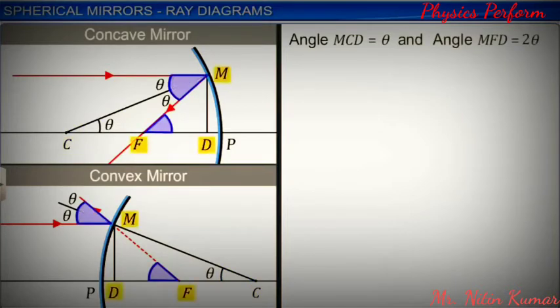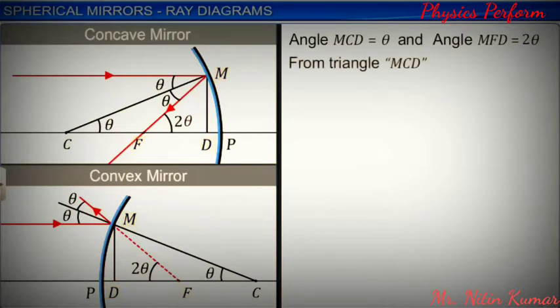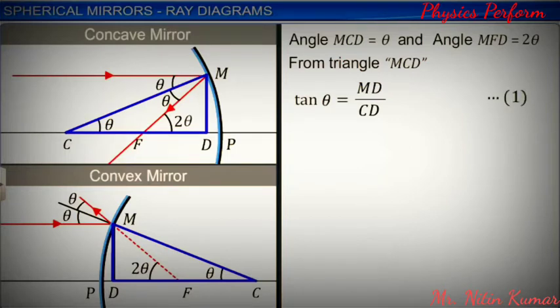From the triangle MCD, tan theta is equal to MD by CD. Let this be equation 1. And from the triangle MFD, tan 2 theta is equal to MD by FD. Let this be equation 2.